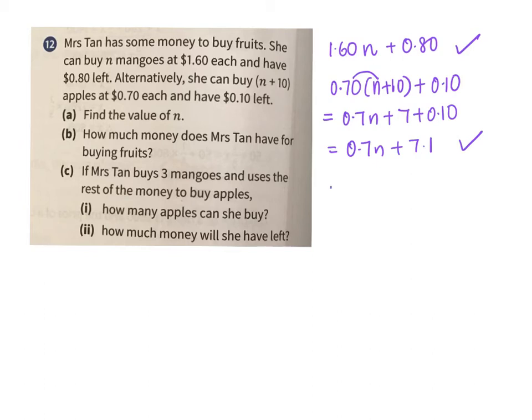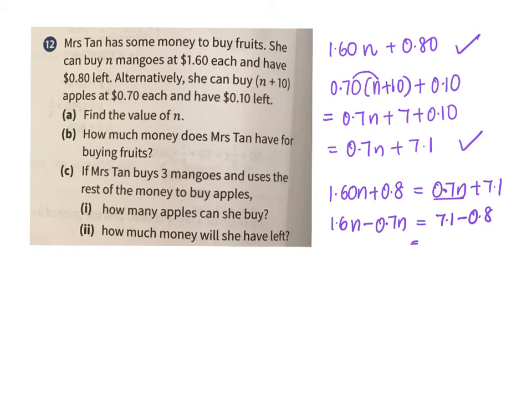So I'll have the equation 1.6N plus 0.8 to be equal to 0.7N plus 7.1. Now shifting the different terms together, I will have 1.6N minus 0.7N. Shift this over to this side. And 7.1 minus away 0.8.